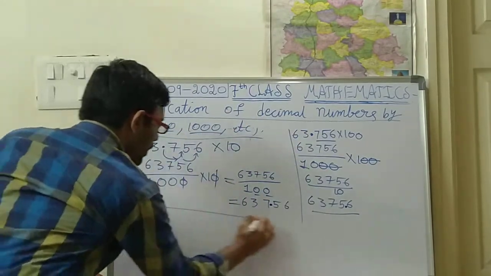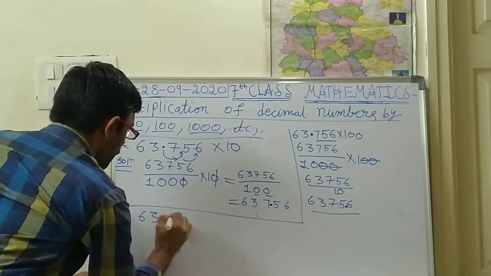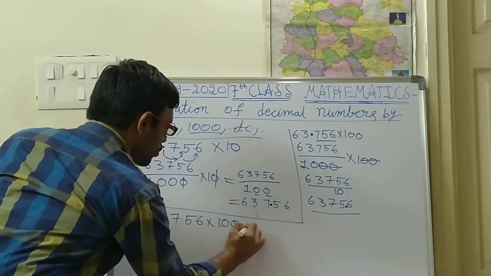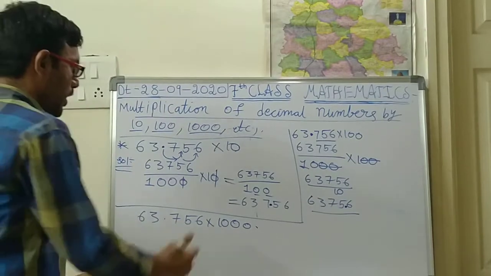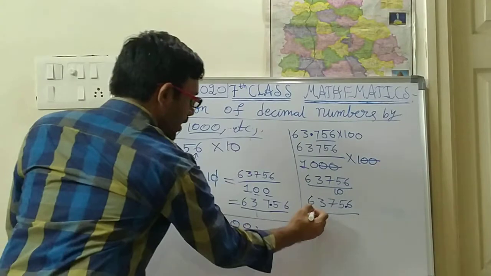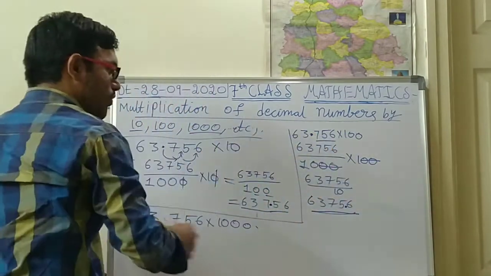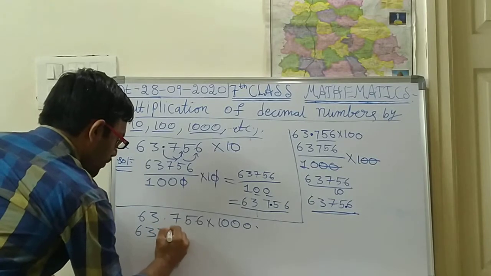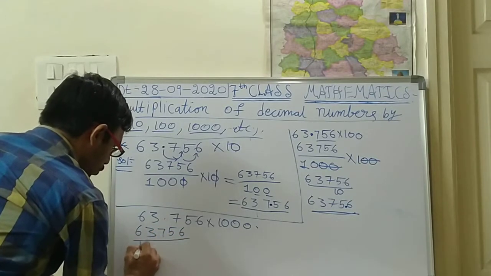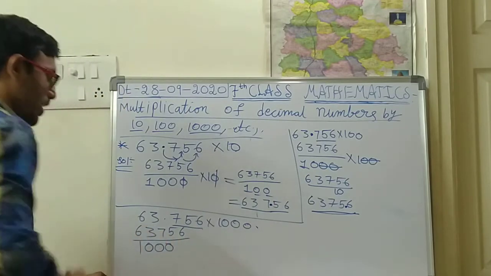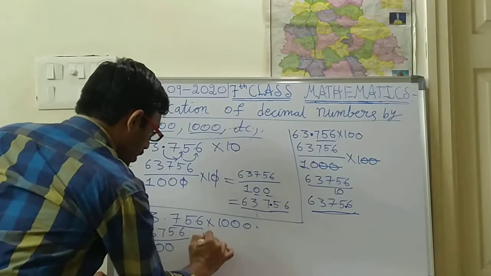See, 63.756 into 1000 I have to do. Here 637.56. Here 6375.6. Now we shall see 63756 by 1, decimal point after 3 digits, so 3 zeros into 1000.